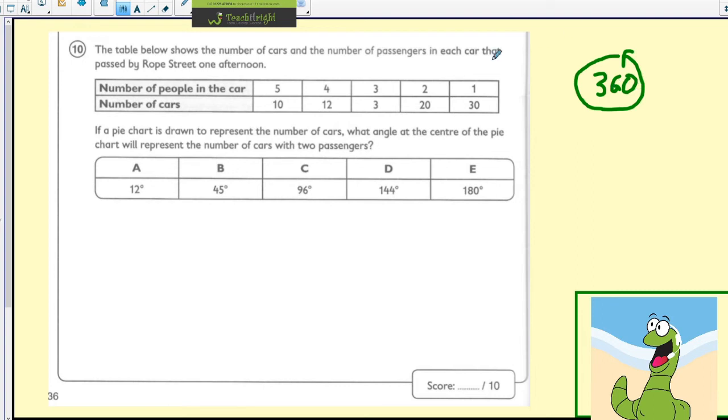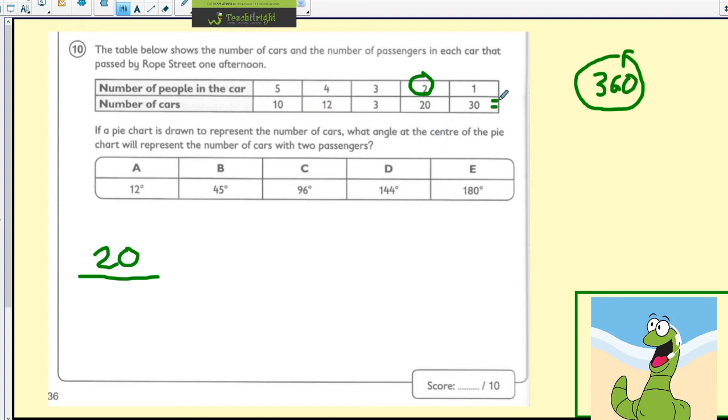So I'm going to mark off 2 passengers. And it's going to be the number of cars, sorry, is 20. But it's 20 cars out of how many? If I'm going to work out what fraction of the pie chart, you've got to remember guys, fractions, decimals, percentages, they're all linked. So if I know what a fraction is, I know what the decimal is, and I know what the percentage is. So there's going to be 20 out of this total.